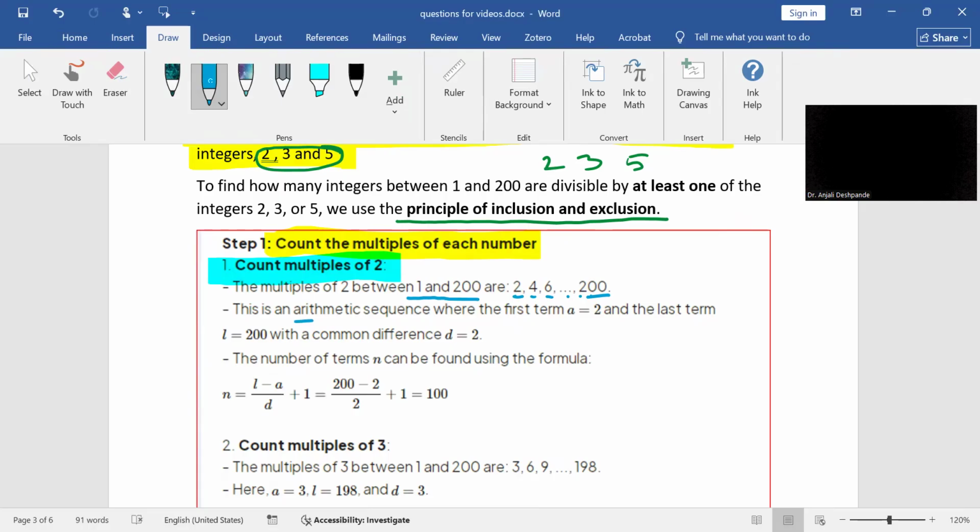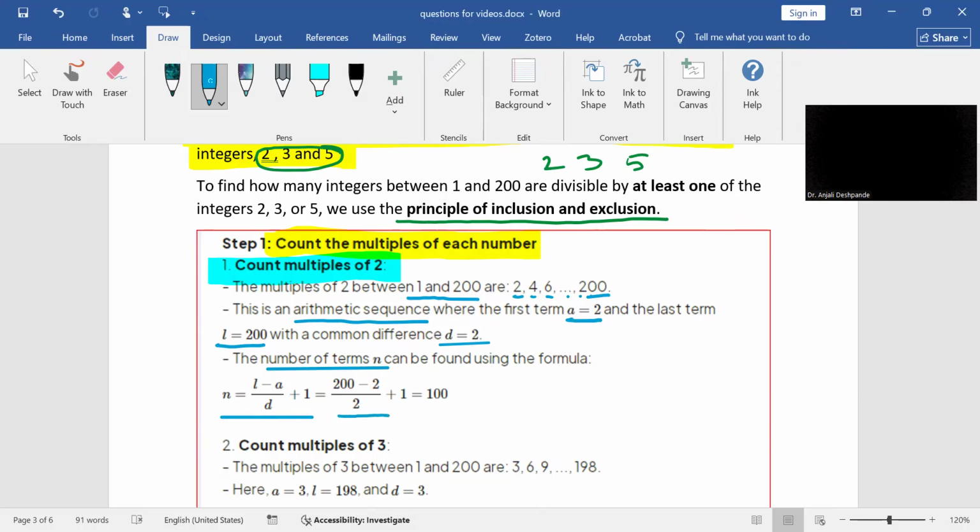Now this is an arithmetic sequence where the first term is A equals 2, the last term is L equals 200 and the common difference is D equals 2. The number of terms N can be found using this formula: N is equal to (L minus A) upon D, plus 1.